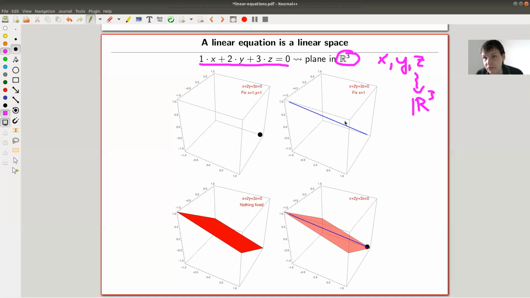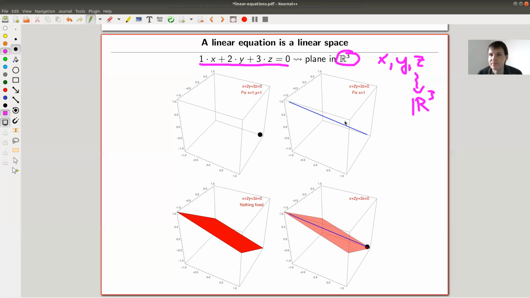Let's say it equals 0. Well, a linear equation is a linear space. That's the whole point. You have three coordinates and you want them to be equal to something, in this case equal to 0.